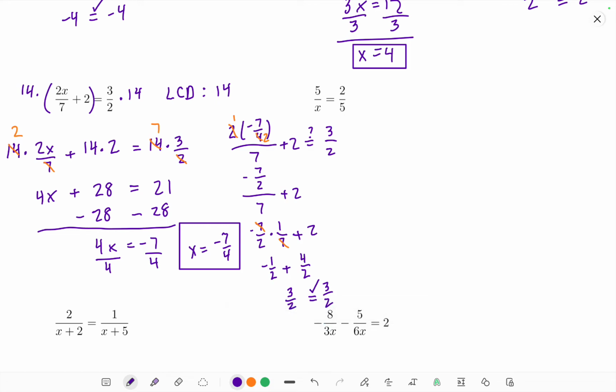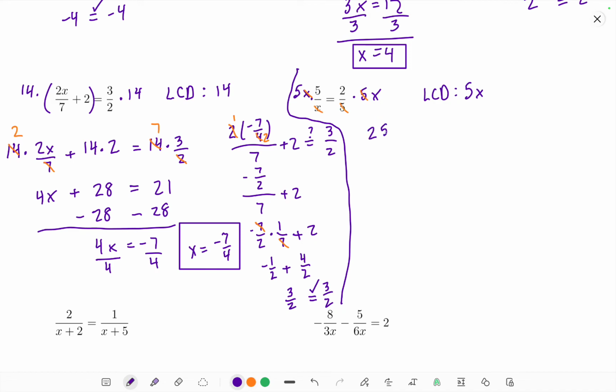Okay. Kind of went into the next problem a little bit with that one. Okay, next, 5/x equals 2/5. Well, the LCD here is 5x. So I multiply both sides by 5x. On the left-hand side, the x's cancel out, and on the right-hand side, the 5's cancel out.